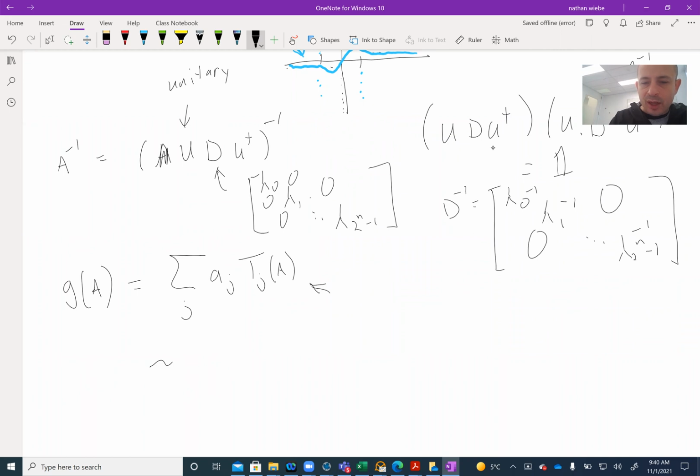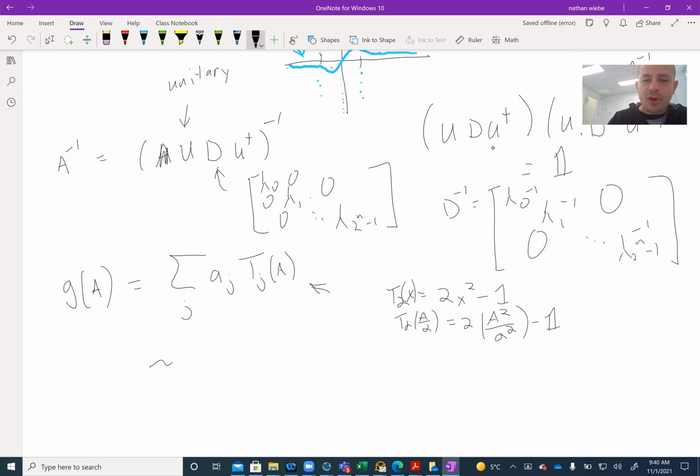Like, for example, let's consider T2. I know T2 doesn't show up in the above expansion, but we've already worked out what T2 is. So T2 of x is equal to 2x squared minus 1. Therefore, T2 of A over alpha, if I'm worried about the normalization, which I will be in a sec, is 2A squared over alpha squared minus 1.